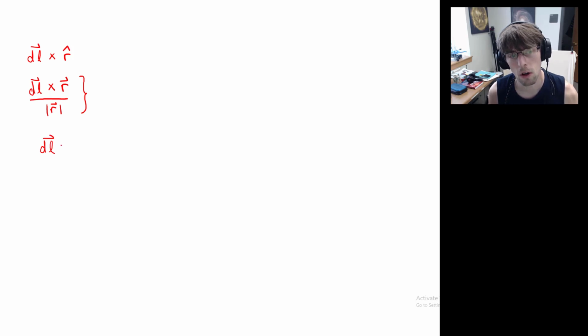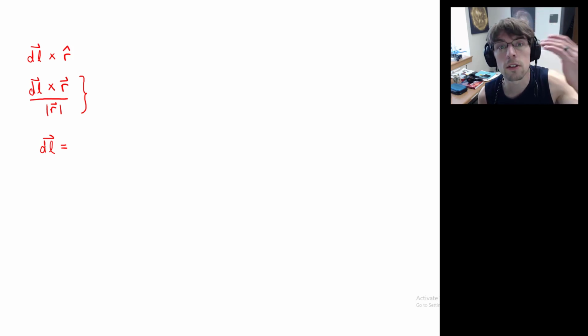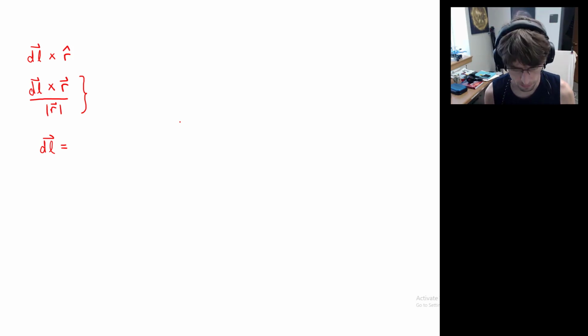We recall that dl, because of our choice of axes and the direction of the current, runs in the x direction. So instead of having this as an infinitesimal length and being a vector, I'll express it as a small step in the x direction, dx, 0, 0.